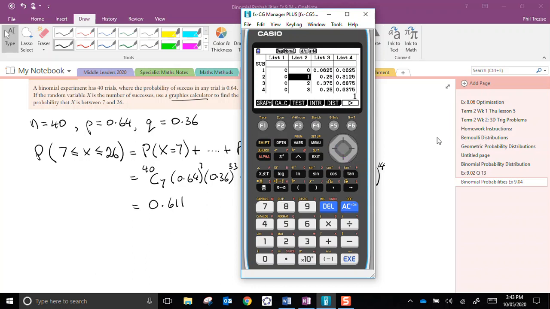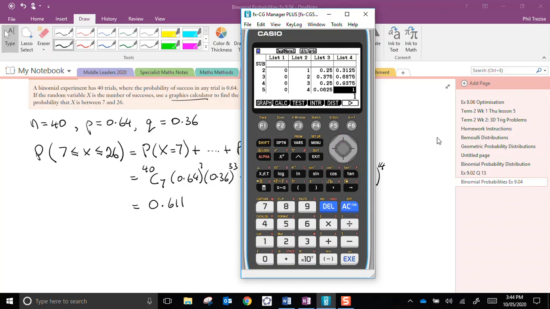The cumulative total here is from 0 to 1 outcome. So it's effectively added those two numbers and given me the combined result of 0.3125, and that's the chance of 0 or 1 success. This one, likewise, is from 0 to 2. So it's 0 or 1 or 2 outcomes, cumulative total of 0.6875, 0 to 3 outcomes, and finally, of course, from 0 to 4 outcomes, well, there's only 4 trials, it has to be 1 at the total of that list.